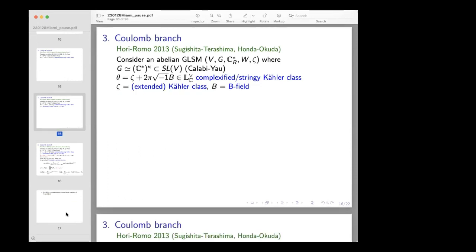Okay, sorry. So now in this case, we are going to complexify the Kähler class. The real part is the stability parameter, and we also have the imaginary part, which is the B field.